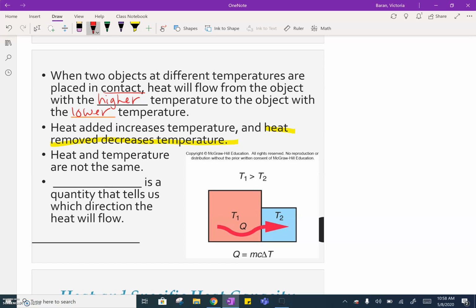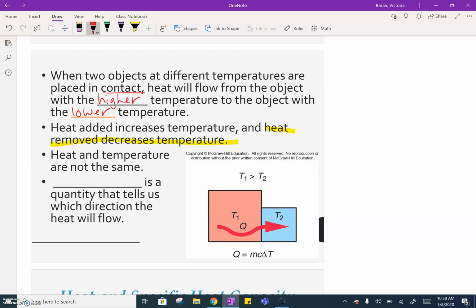Now, this is a really important concept. I like to say that there's no such thing as cold. Cold is simply just the lack of heat. So when something is cold, that means that heat is leaving it, okay? It's not like something is becoming cold and gaining more cold. It's the absence of heat.